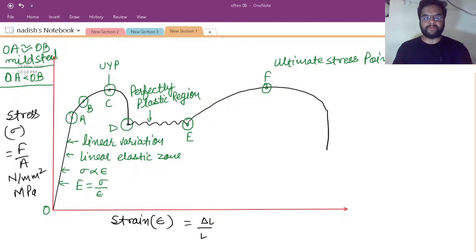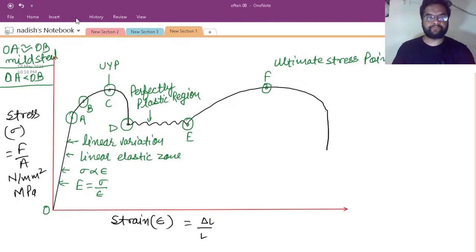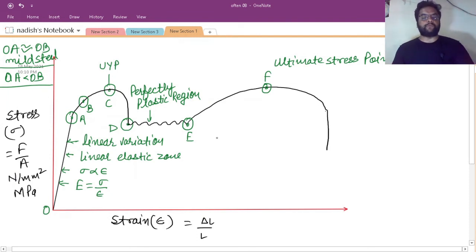On further application of load on this specimen, the curve from E reaches point F, which is known as the ultimate stress point. This point shows the maximum stress that our specimen can bear during its service life.